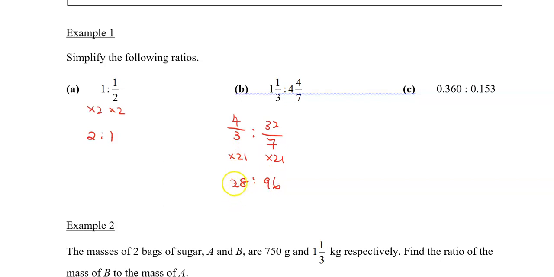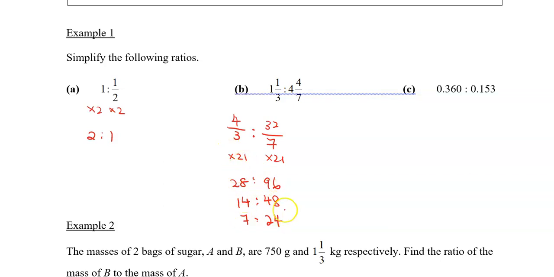At this point you will realize both numbers can be divided by 2, so I'll get 14 is to 48. I can still divide by 2, I'll get 7 is to 24.